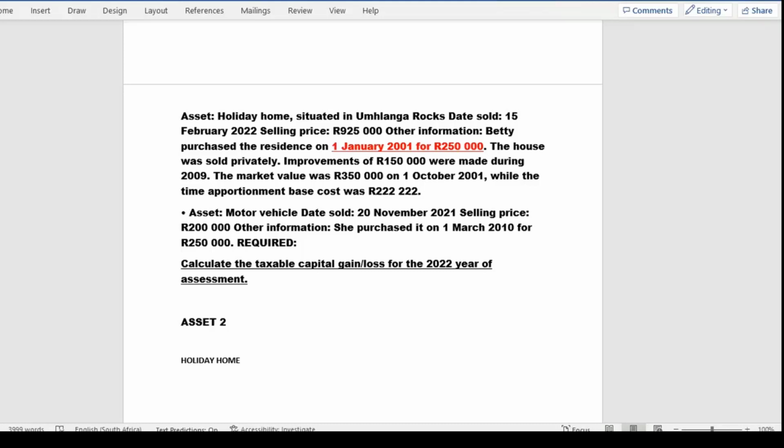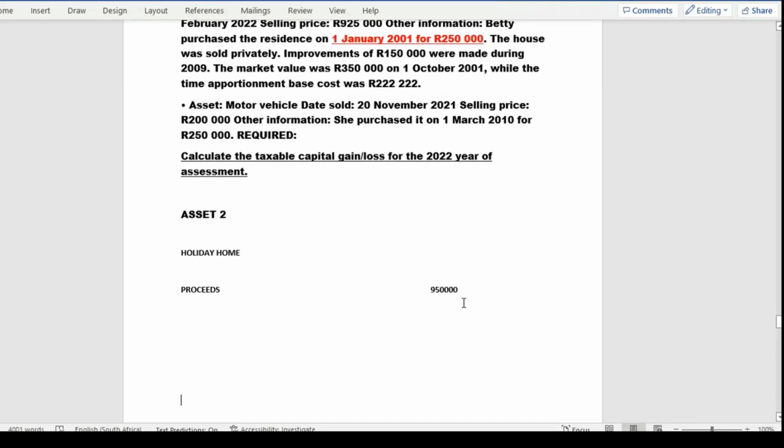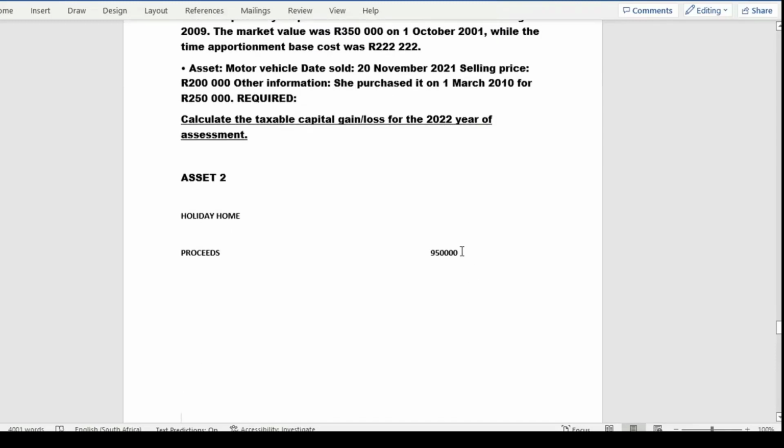Remember, the proceeds is a disposal. It's not a base cost, not a purchase cost. Your proceeds is always the selling price. So it should be 925,000. Can you see that, everybody? And now we're going to determine the base cost.